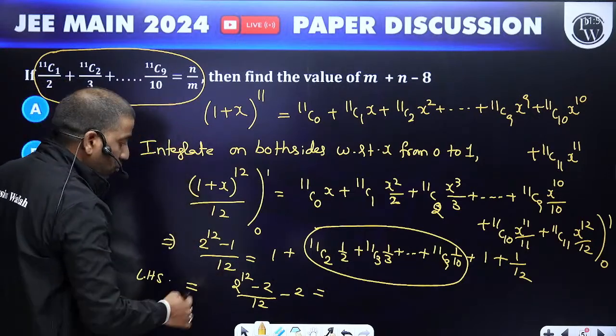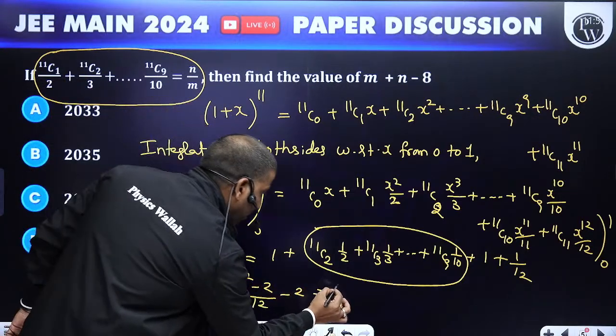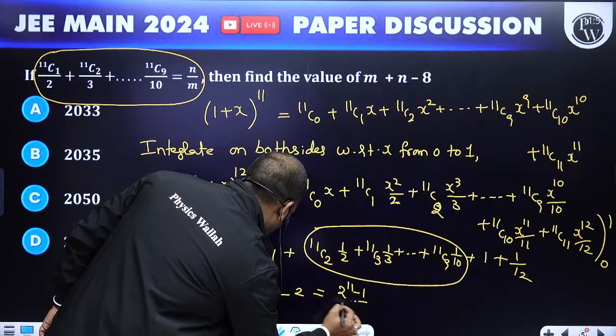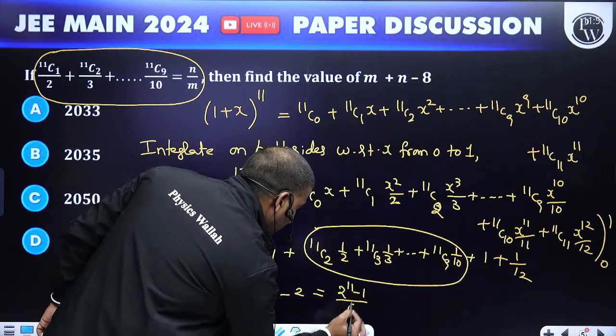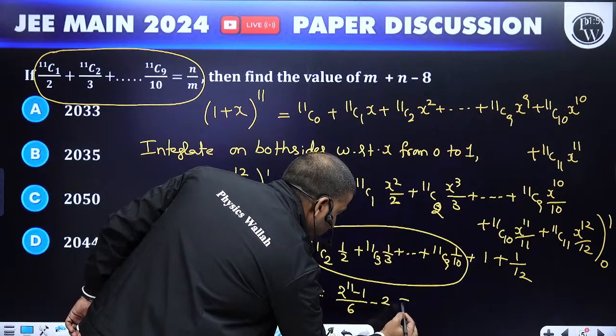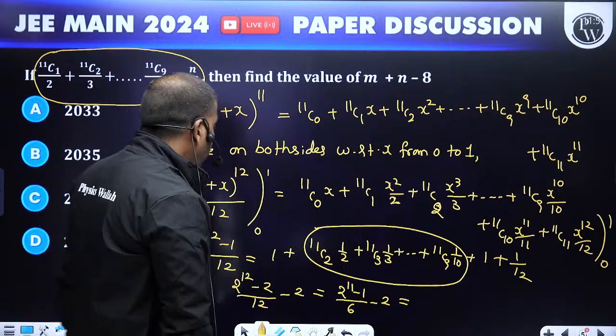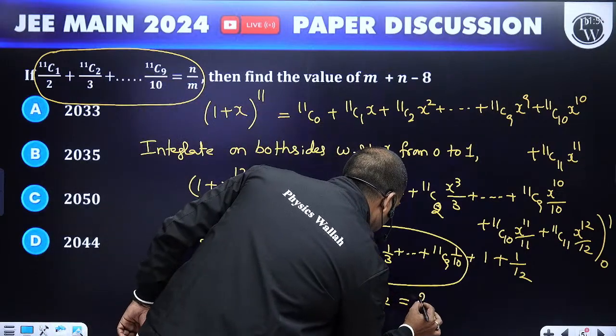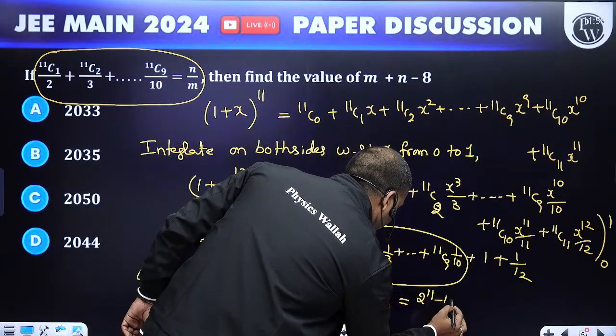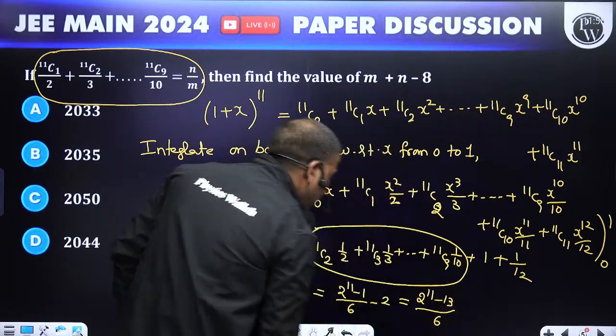So 2 power 12, let us cancel this, 2 power 11 minus 1 by 6, minus 2. Right? So we can write 2 power 11 minus 13 by 6. What is 2 power 11?